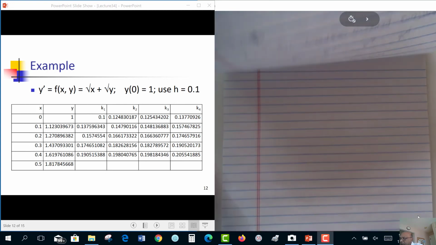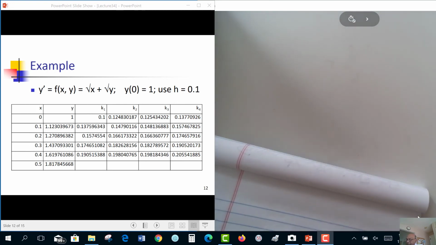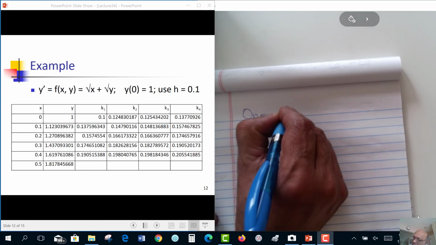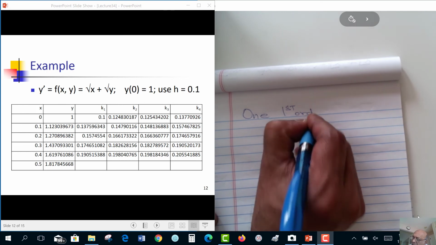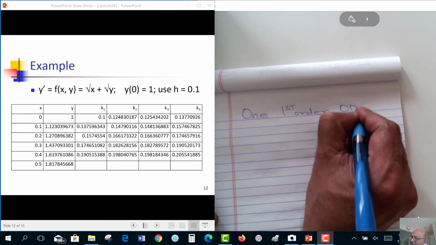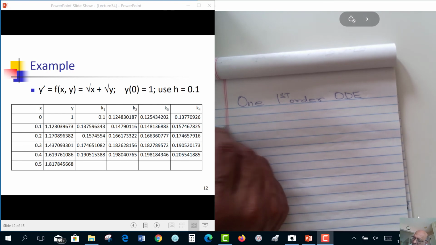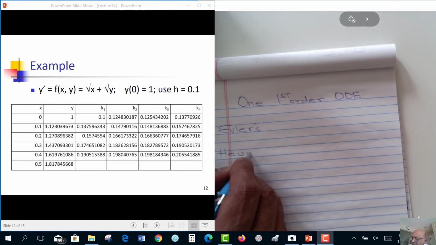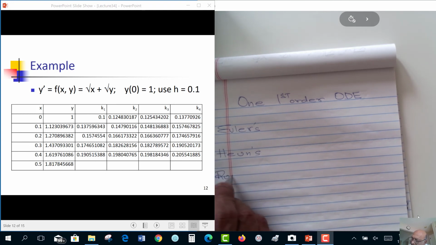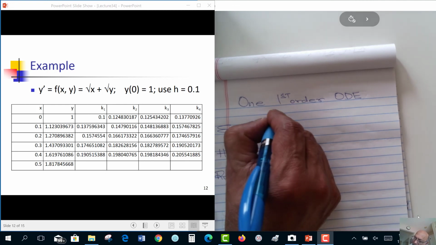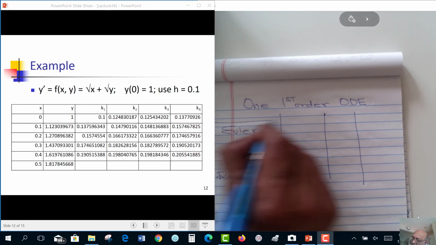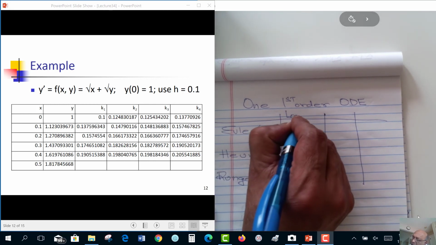Okay, so let's summarize what we have done so far. So for one first order ODE, we looked at 3 methods: Euler's method, Heun's method, and Runge Kutta method. We found local error.